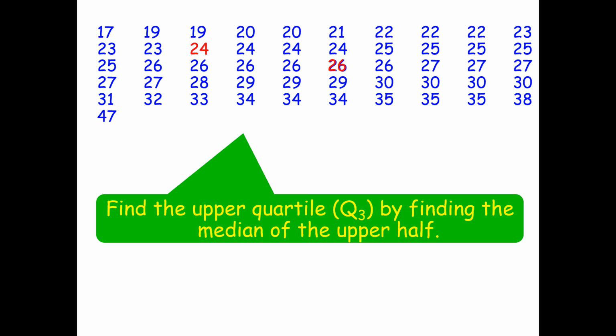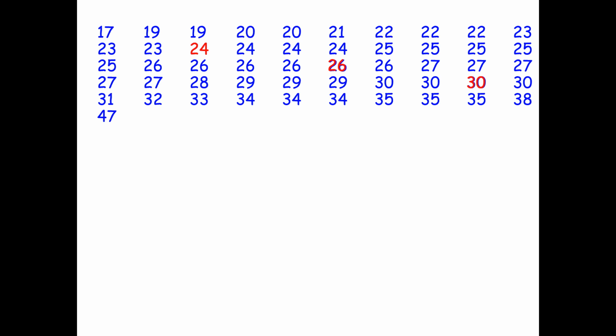Now find the upper quartile by finding the median of the upper half of data. So again, remember that our pink 26 is not to be used when we're finding that upper quartile. Did you get an upper quartile of 30?